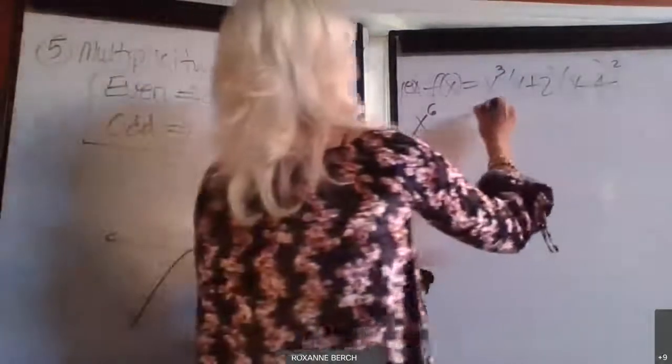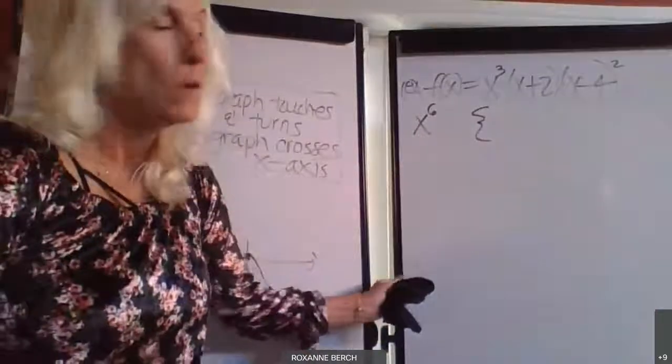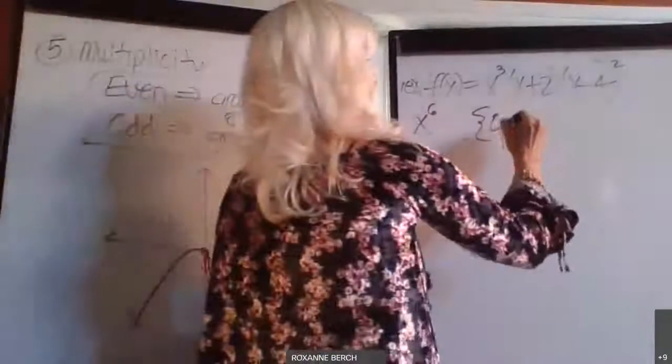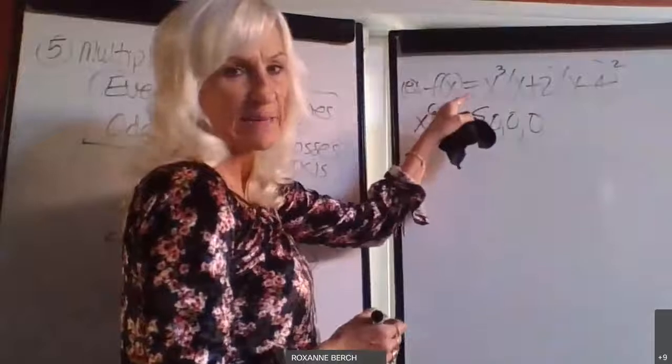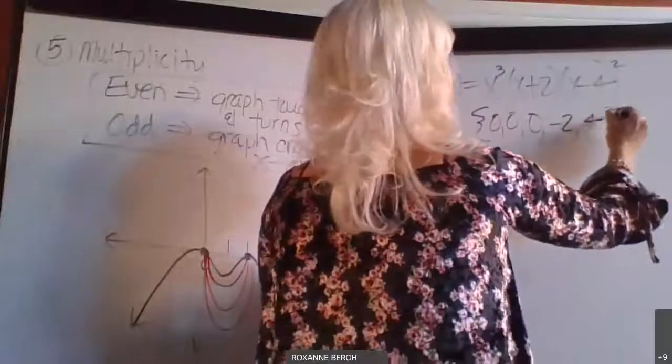All right. So what are the roots? What makes that 0? 0, negative 2. How many are there though? Aren't there 3 since this is x times x times x? Yeah. Okay. And then what were you saying? Negative 2 and positive 4. Yeah.